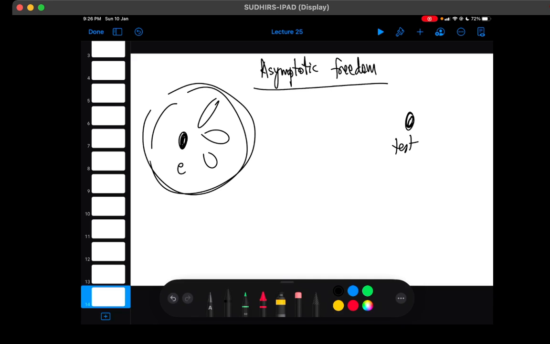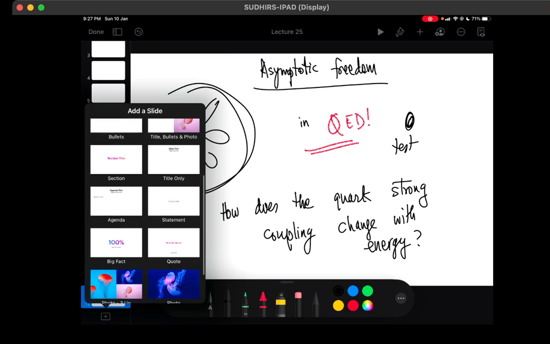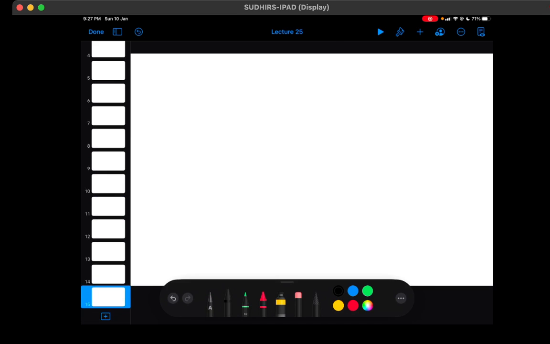How does the quark strong coupling change with energy? Yes, it does change, we know, but how does it change?